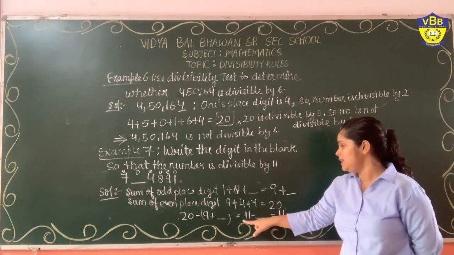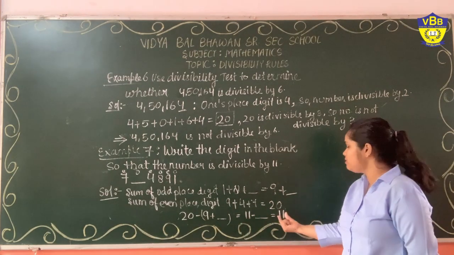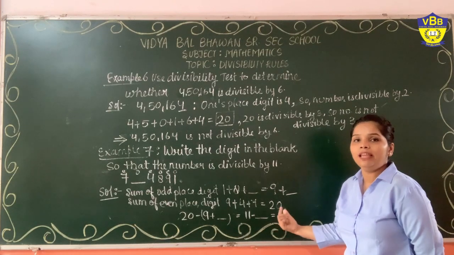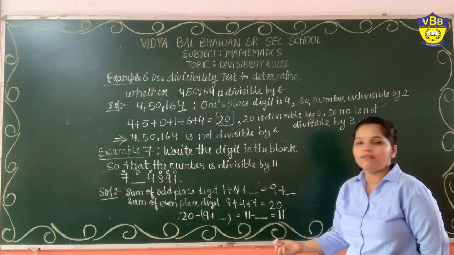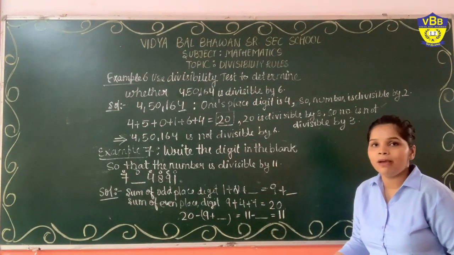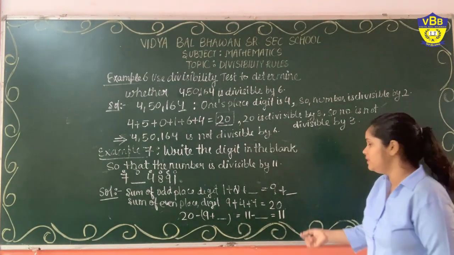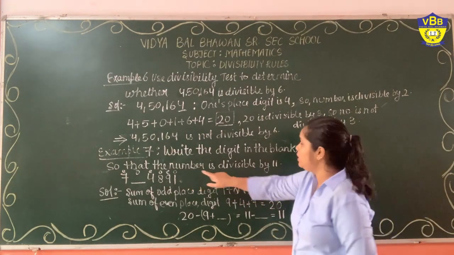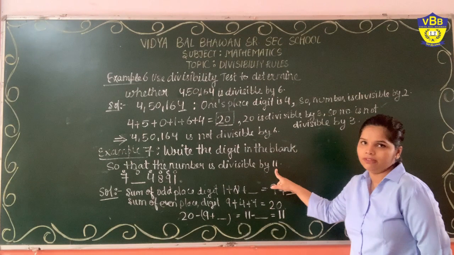If 11 minus something gives answer 25, or 8, or 7, 7 is not divisible by 11. It is not a multiple of 11. That means that number will not be divisible by 11, but we want it to be divisible by 11.